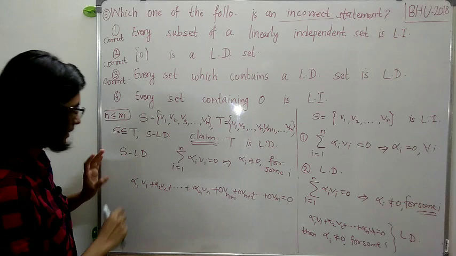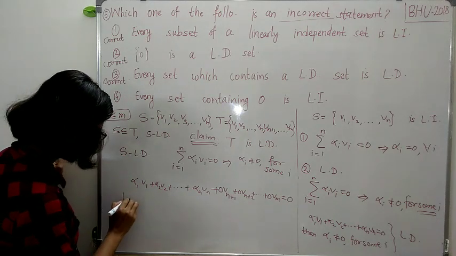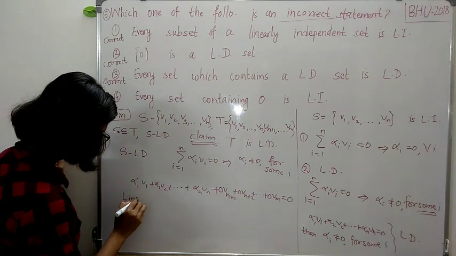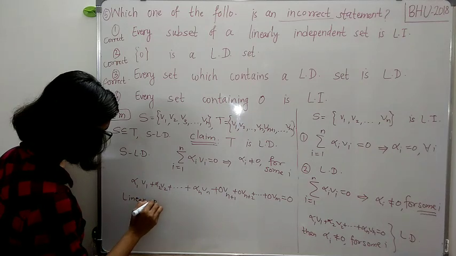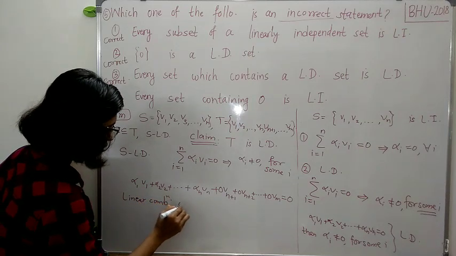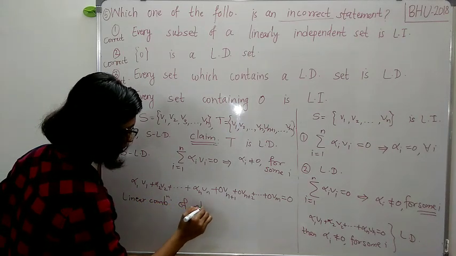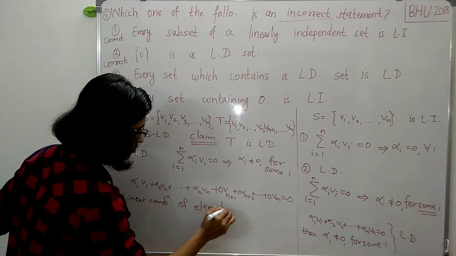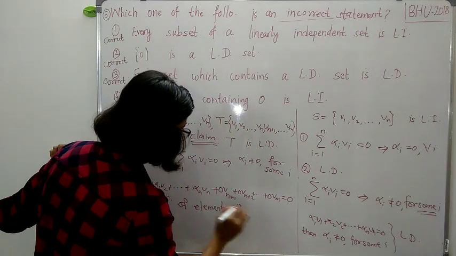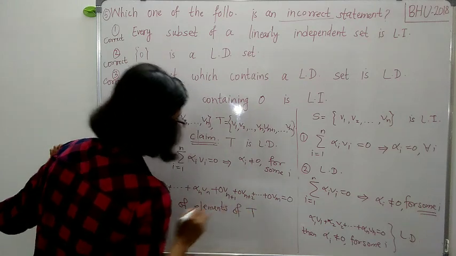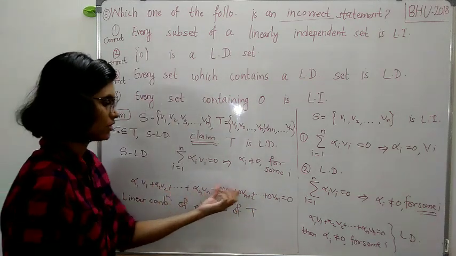So we have a linear combination of elements of the set T which is equal to 0.